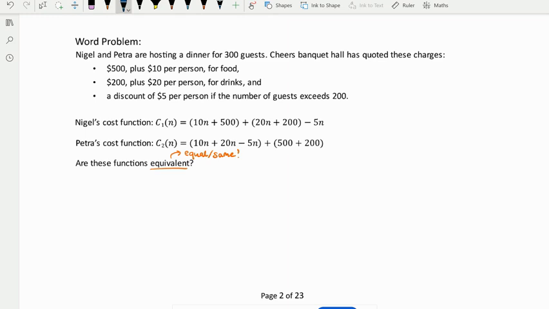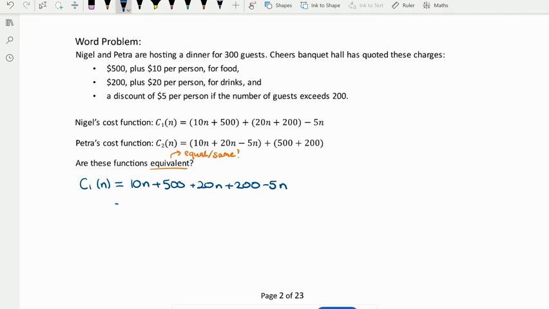So, well, let's try and collect the like terms. The first one, C1 of n, if I write it again, so 10n plus 500, I'm going to get rid of all the brackets, plus 20n plus 200 minus 5n.